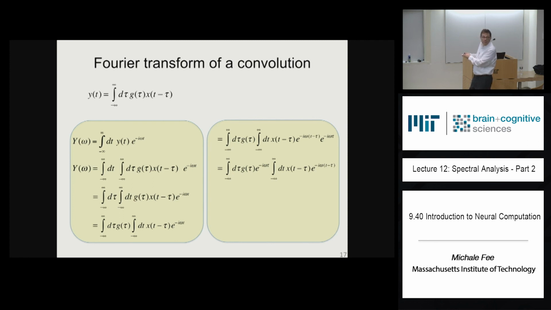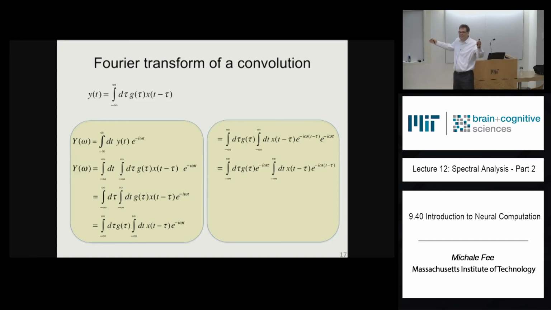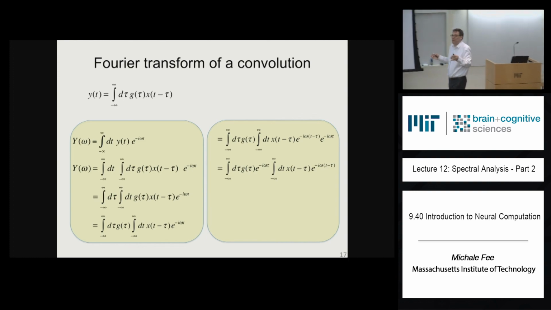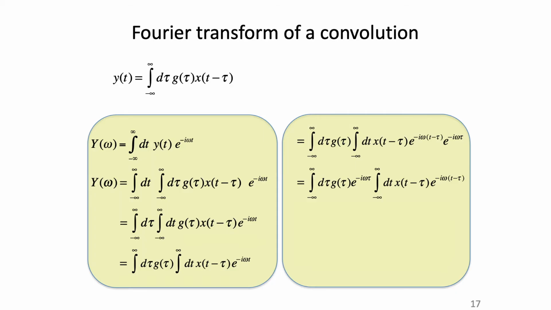Anybody know? This is just the Fourier transform of x, right? And we're integrating from minus infinity to infinity. So does it matter if we're shifting the inside by tau? No, it doesn't change the answer. We're integrating from minus infinity to infinity, so shifting the inside of it by a small amount tau isn't going to do anything. Okay? So that's just the Fourier transform of x.